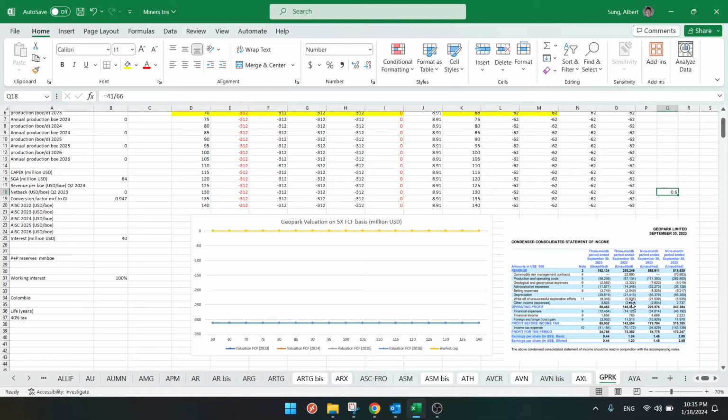How is that possible? Let's take this one. 70 divided by 104, that's 50% tax. 143 divided by 315, 50% tax.